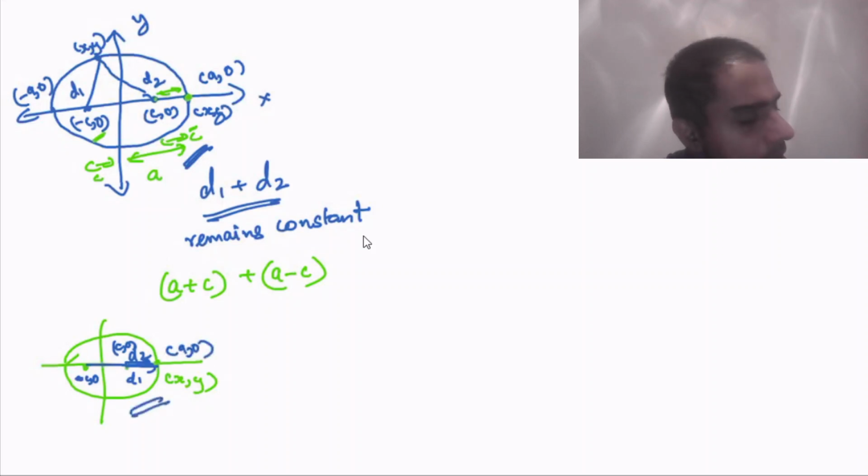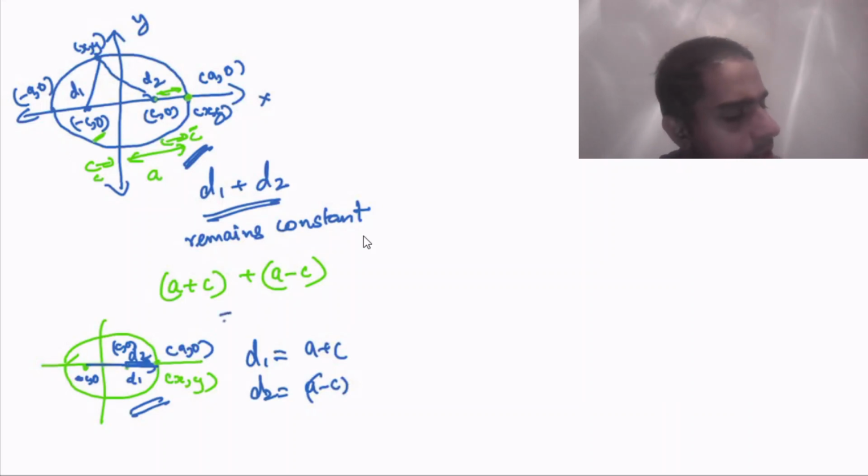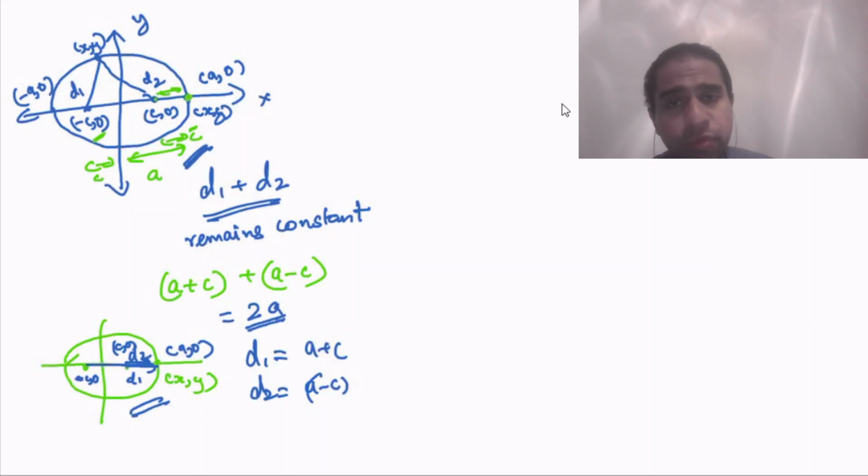In this case, d1 is given by a plus c and d2 is given by a minus c. So the total distance which remains constant here, d1 plus d2, is equal to 2a, right? Now this distance remains constant, that is 2a. We are going to have this as the base and try to get the standard equation of the ellipse.